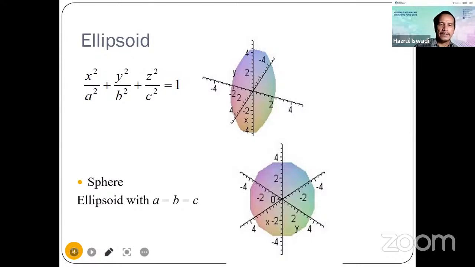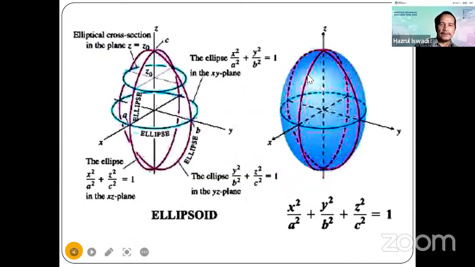It is called an ellipsoid. An ellipsoid can be drawn or pictured like a rugby ball, a rugby shape, like this.